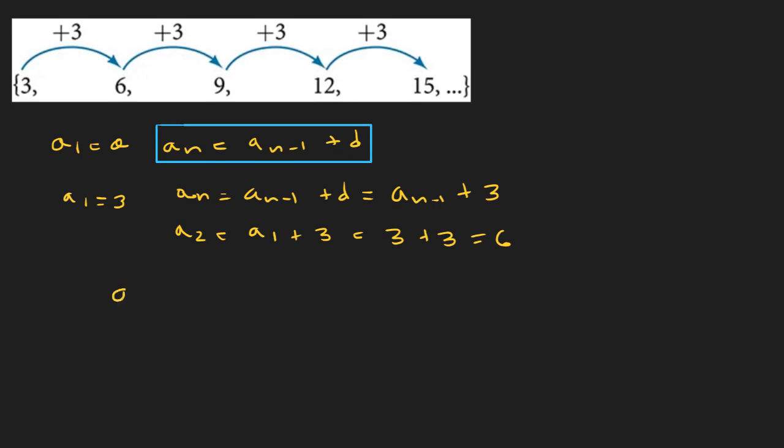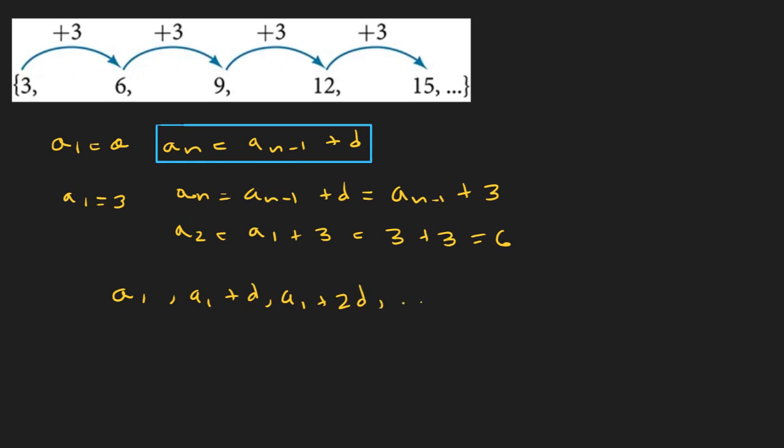So we could have the first term of the sequence, but then the second term would be the first term plus that common difference. We do that again, and we have a_1 plus 2 times the common difference.